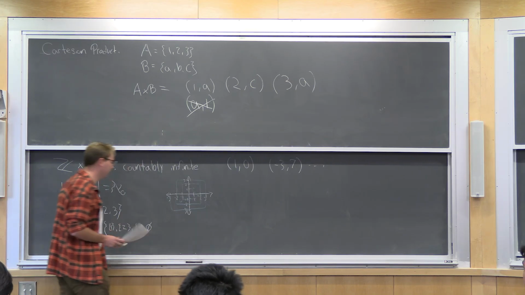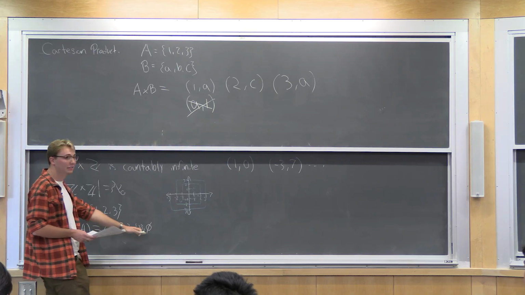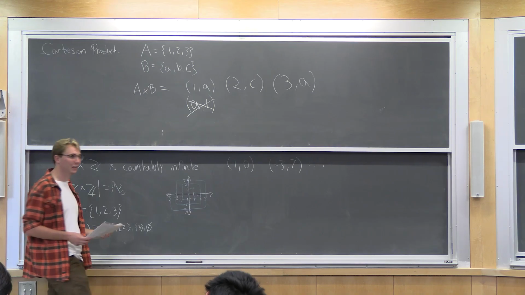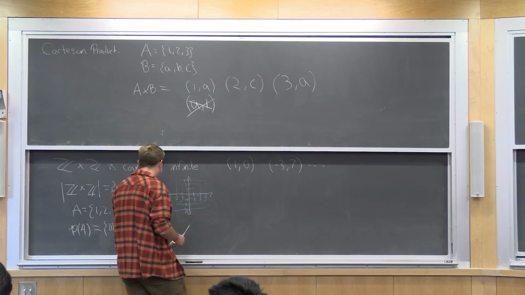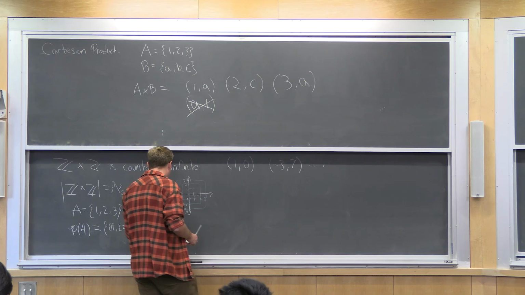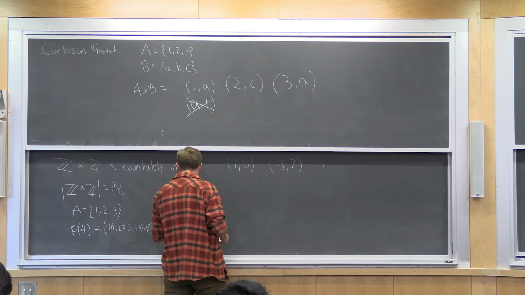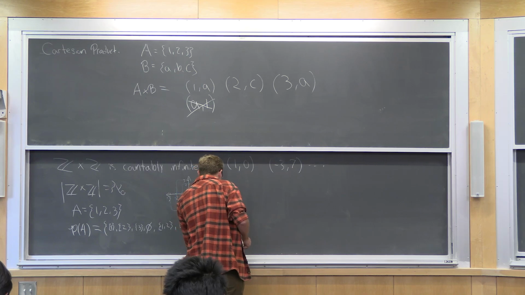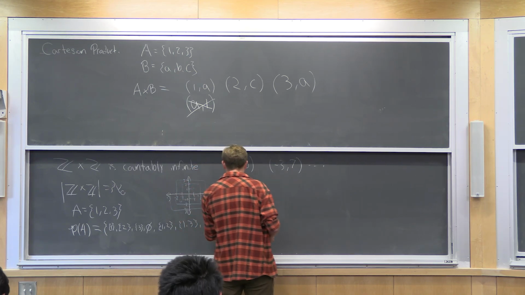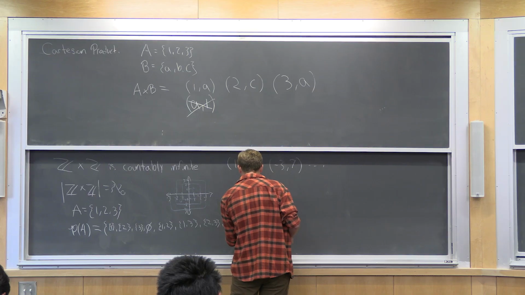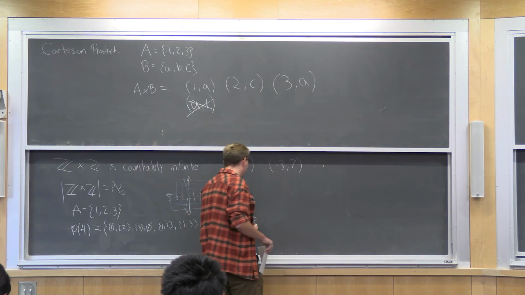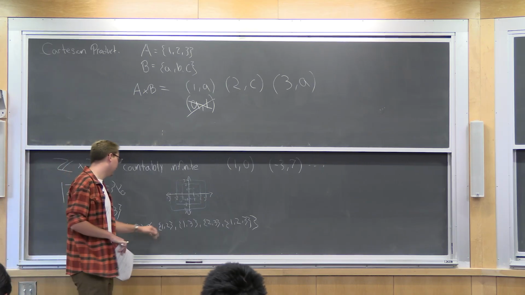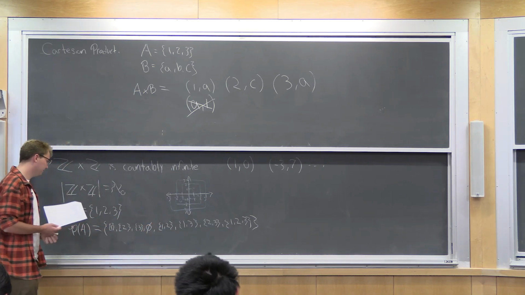You'll also have the empty set, because the empty set is a valid subset of any set. There's nothing in it, so it's in every set. You'll also have 1 and 2, 1 and 3, 2 and 3, and the whole set itself, 1, 2, 3. So, if I got everything here, there should be 8.